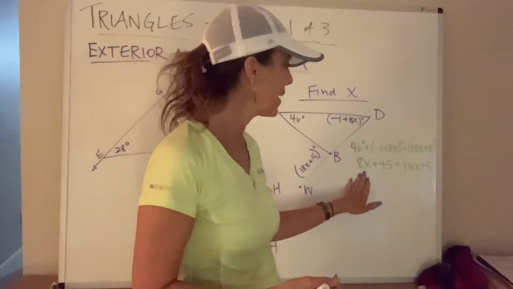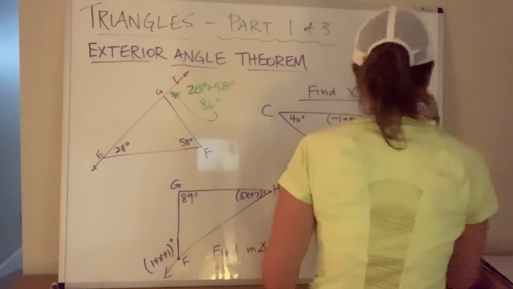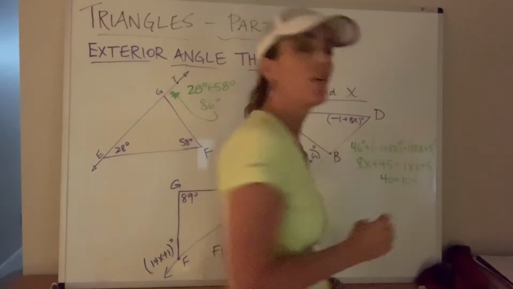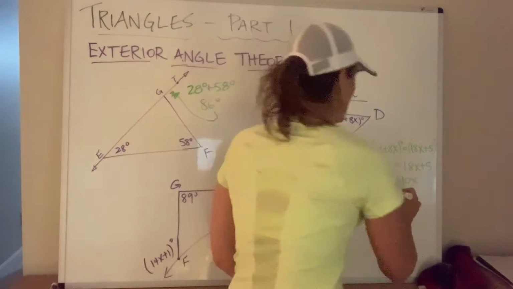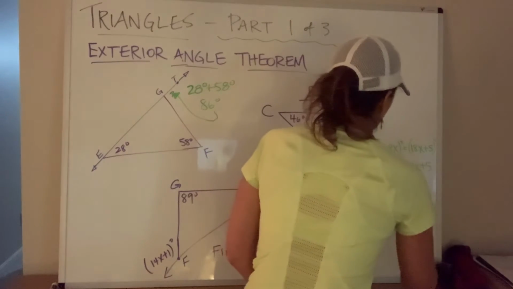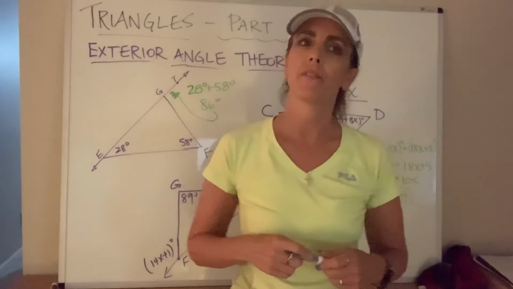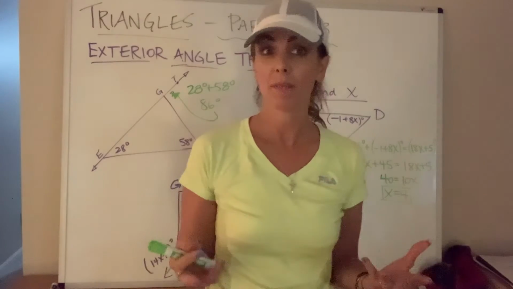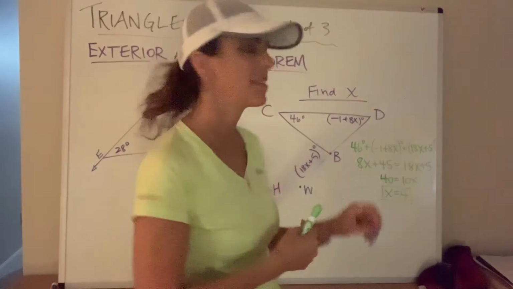Let's subtract 8x here. Let's subtract 5 here. And I think we're going to end up with 40 is equal to 10x. And that gives us x is equal to 4. Now, if I really wanted to be confident in my answer, I would go ahead and sub that in because I should be able to then verify that those two angles will actually sum to this angle.